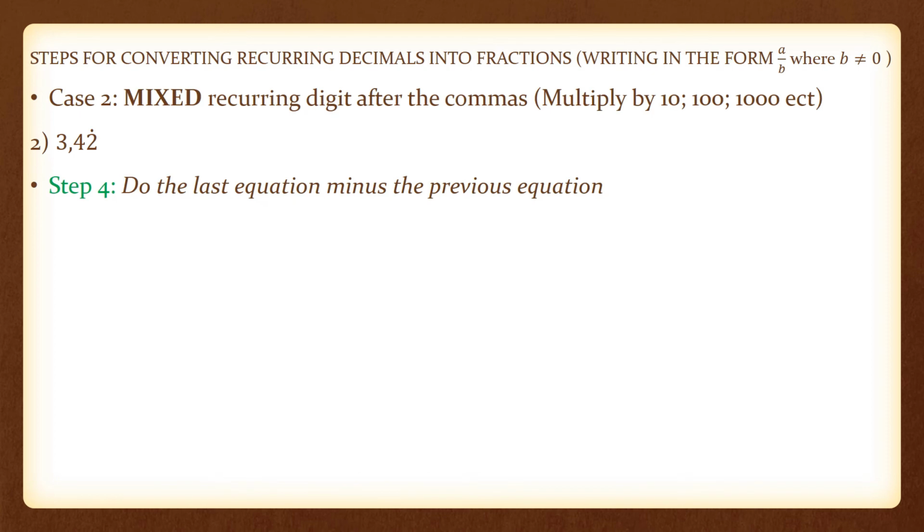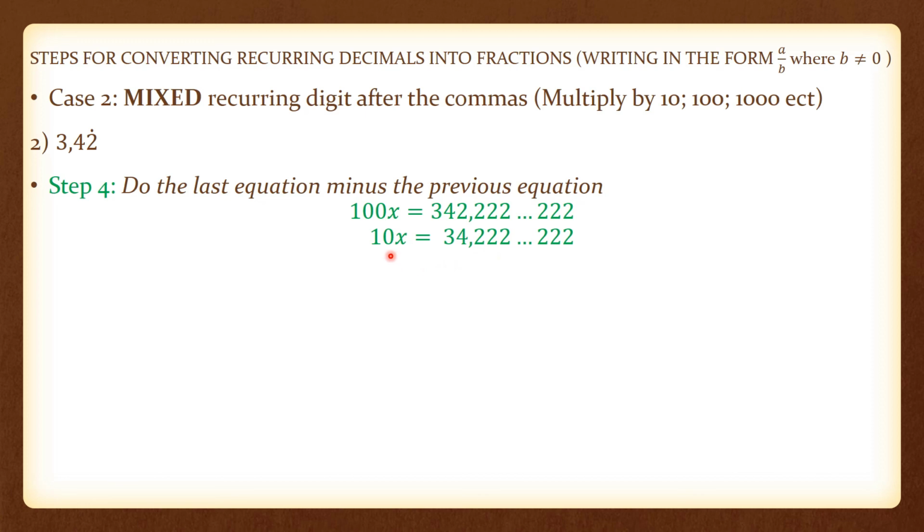Step 4, do the last equation minus the previous equation. So equation 3 minus equation 2. Alright, then we have the third equation minus the second equation. Voila, now we have the same digits on the right hand side of the decimal point on both equations.